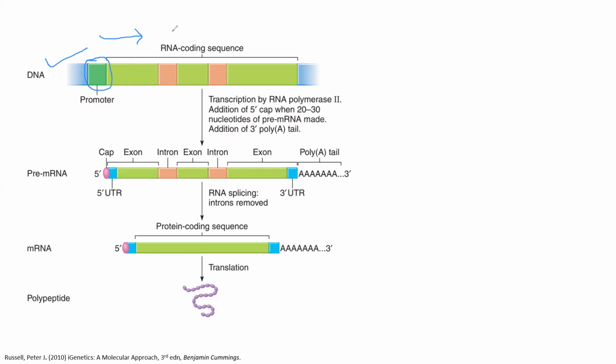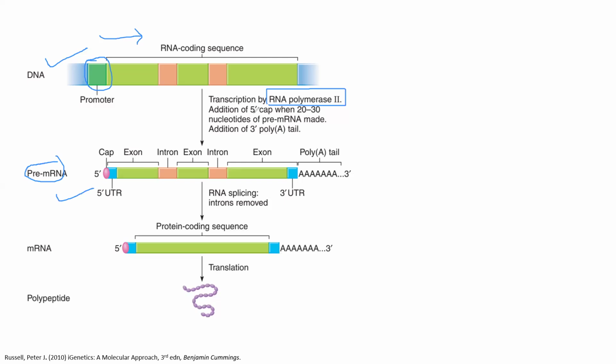Since we are learning RNA processing in eukaryotes, eukaryotes have 3 RNA polymerases, and it's RNA polymerase 2 which carries out transcription of the protein coding genes. There are general transcription factors also involved. So transcription by RNA polymerase 2 results in this premature messenger RNA or pre-mRNA.